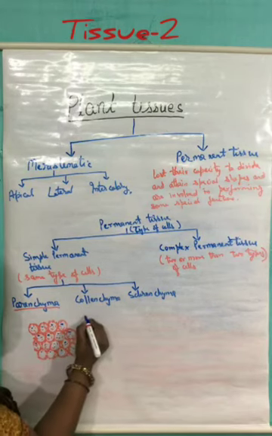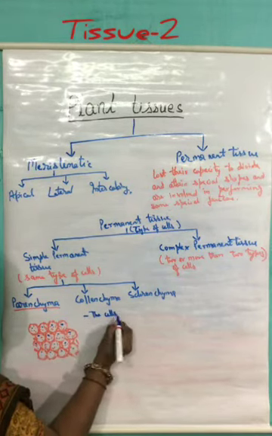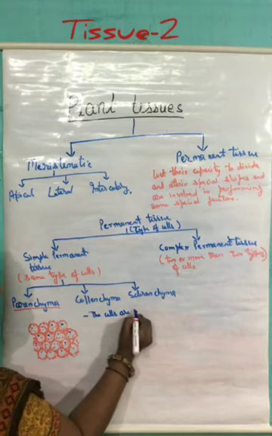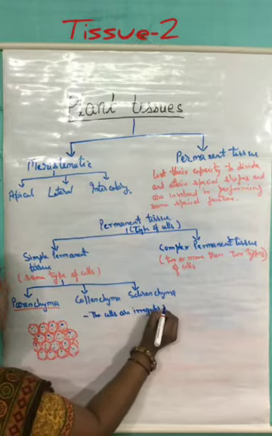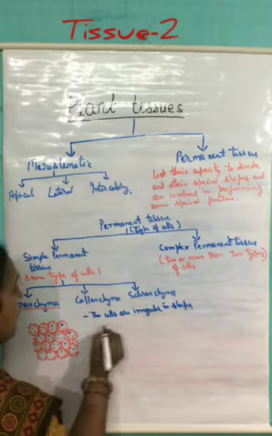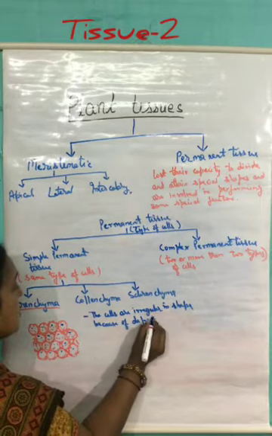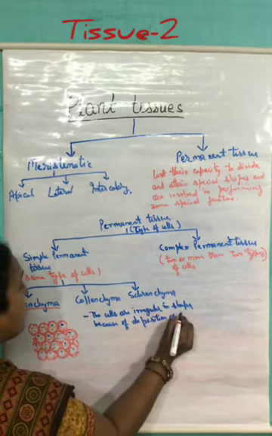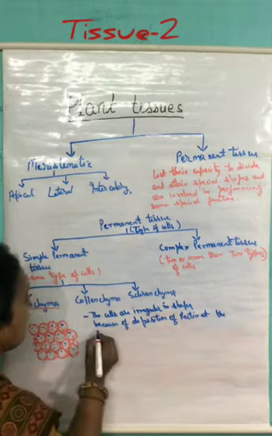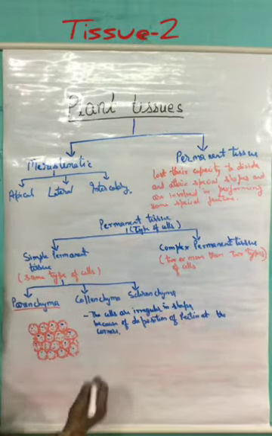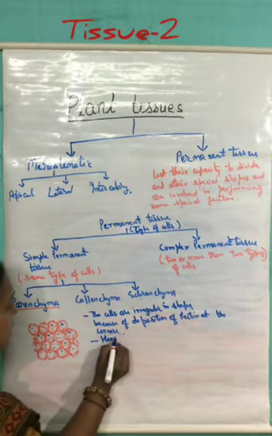But here what happened, let us discuss the important features of these. The cells are irregular in shape because of deposition of pectin at the corners, and due to this the cells are hexagonal.